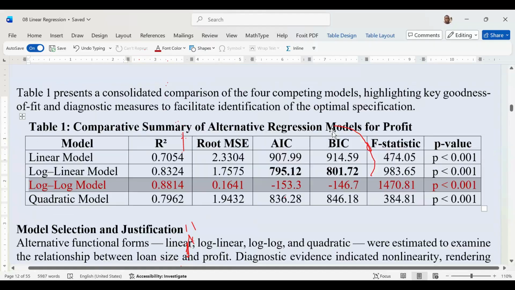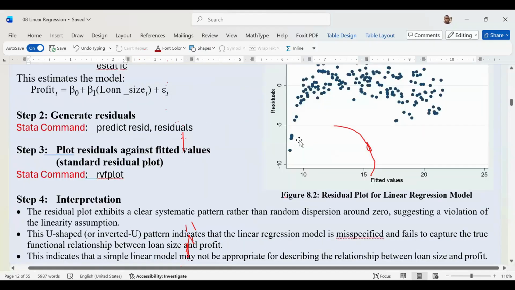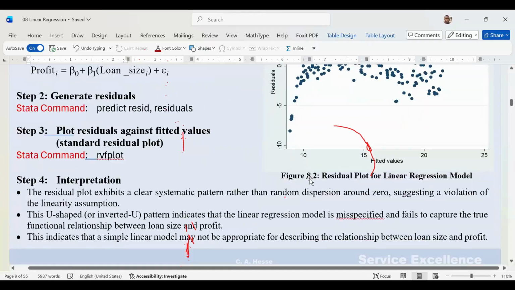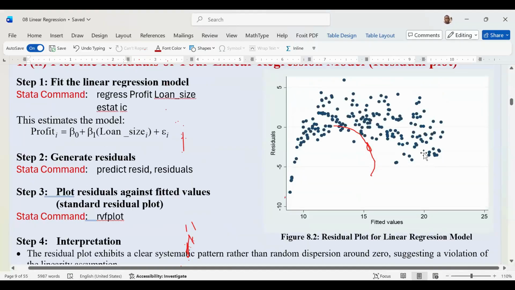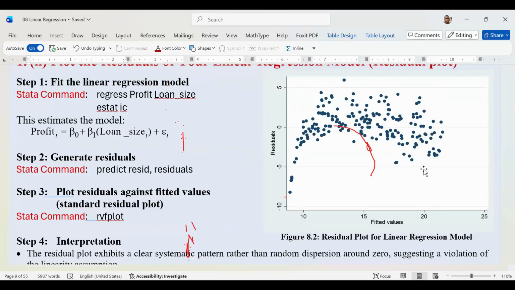That's why we plotted it first, to know the nature of the violation of linearity. When you realize the nature of the violation, for example a scatter plot that looks parabolic, then you know it's likely to be quadratic. It could be exponential, it could be logarithmic.